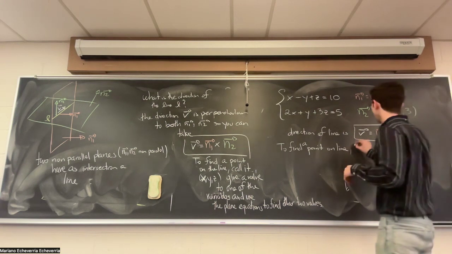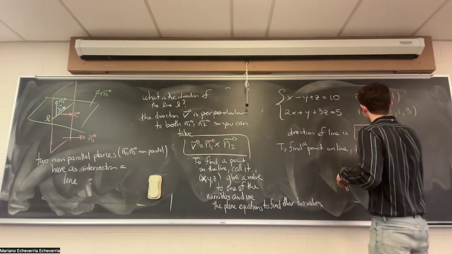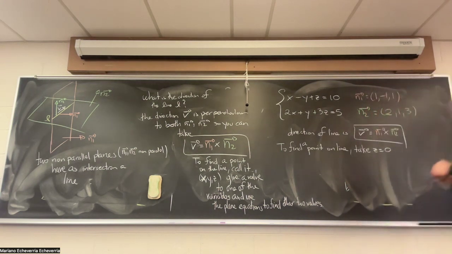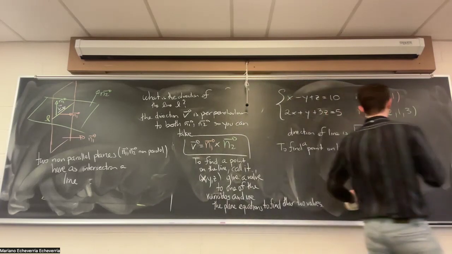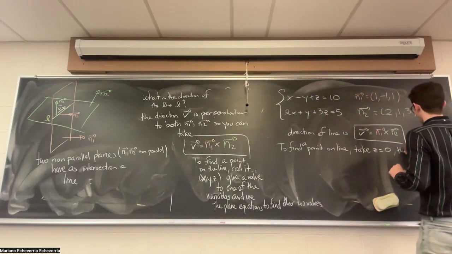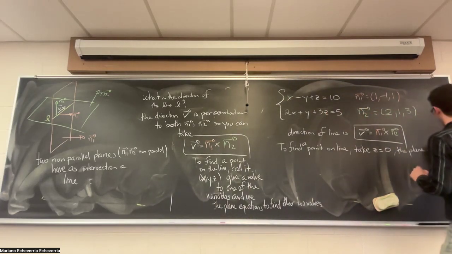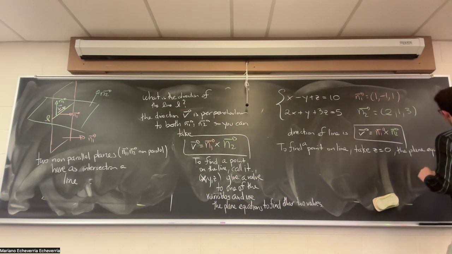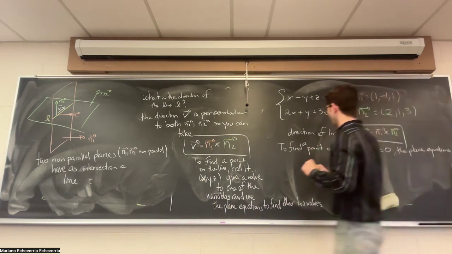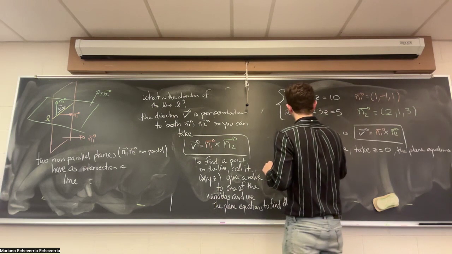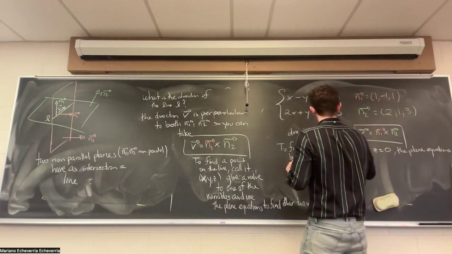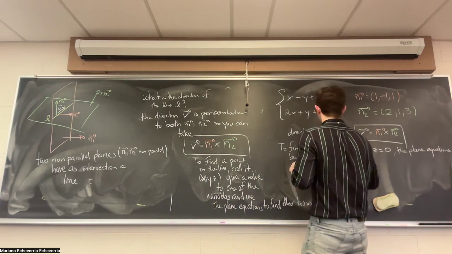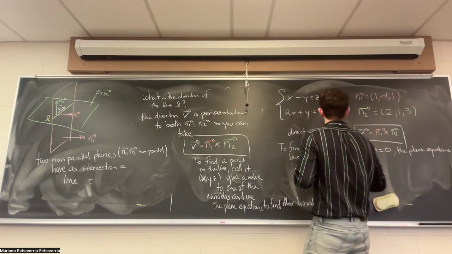So take z equals 0. So what happens with the plane equations? Well, because I'm setting z equal to 0, you get x minus y equals 10, and then 2x plus y equals 5.